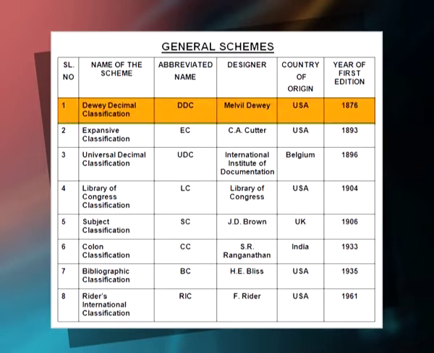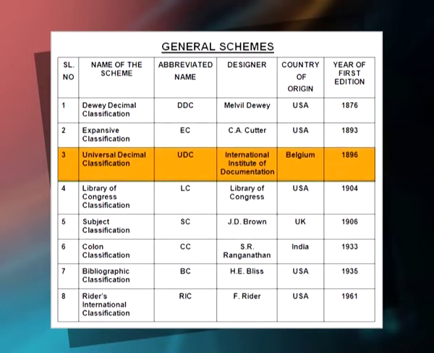Name of the scheme: Dewey Decimal Classification, abbreviation DDC, designed by Melville Dewey, country of origin USA, year of first edition 1876. Expansive Classification EC, designed by C. A. Cutter of USA, year of first edition 1893.